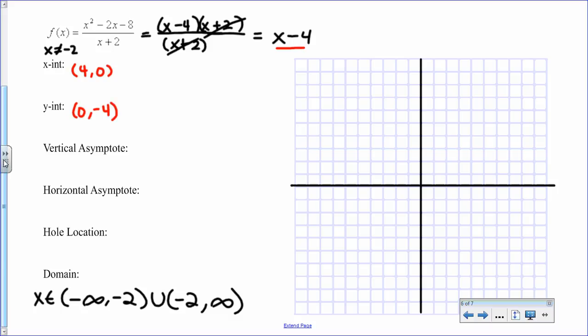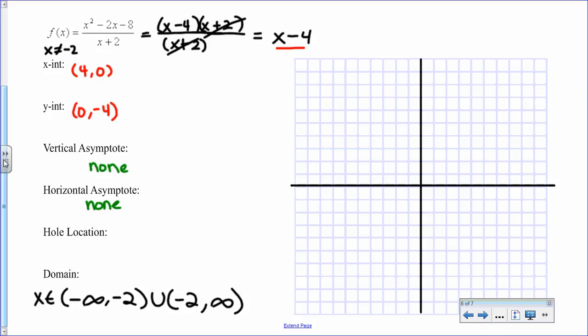That's in slope-intercept form, so that gives you your y-intercept. Okay, vertical asymptote. Well, I don't have a denominator anymore. It is none. X can equal negative 2, but that shows up as a hole, not an asymptote. There's also no horizontal asymptote. I just have that line.